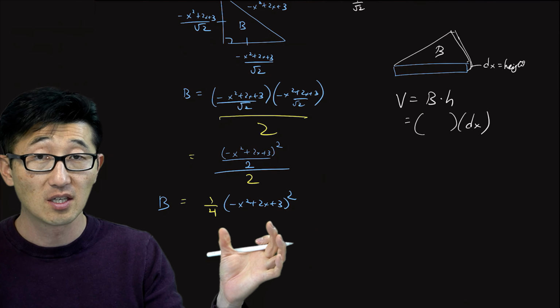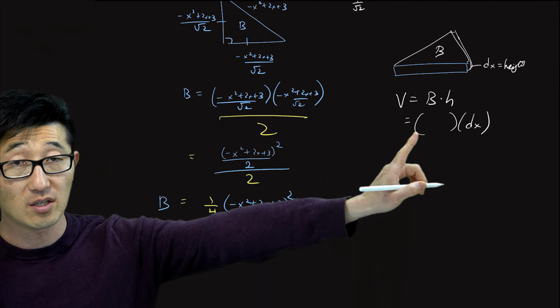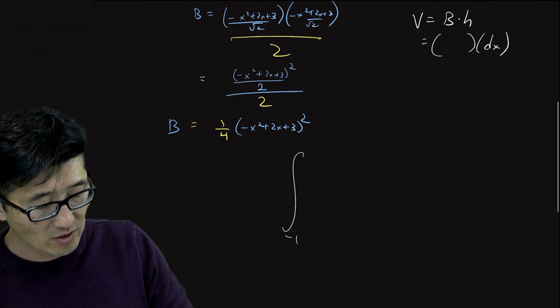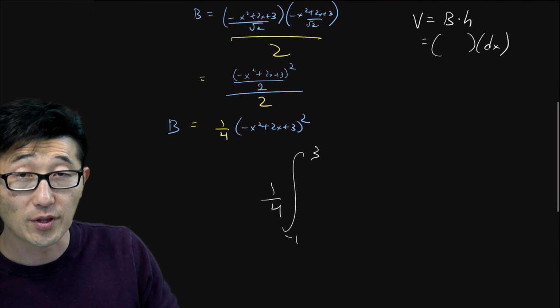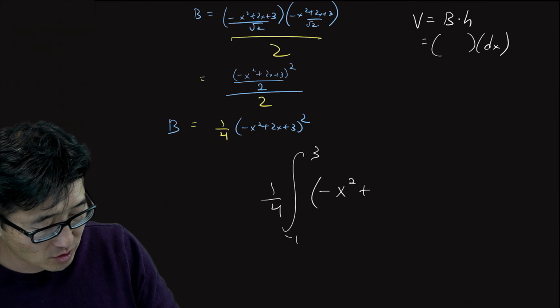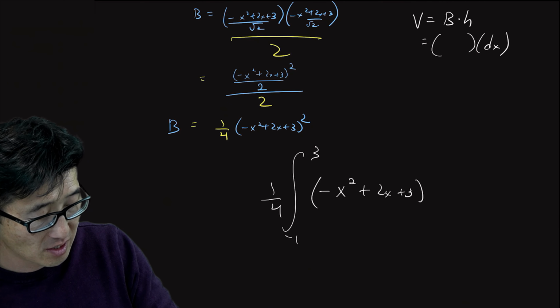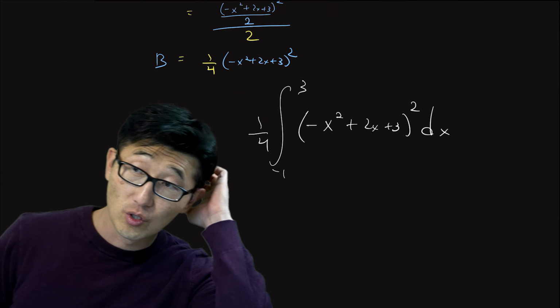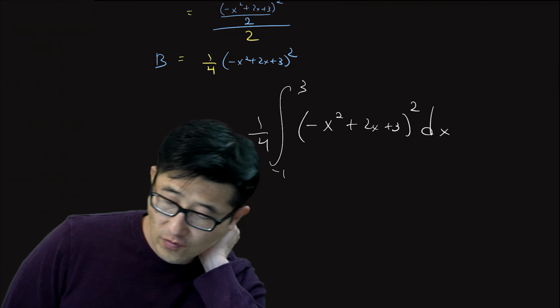So all of this goes in here, and then we put the antiderivative symbol. We bring the 1/4 outside: the antiderivative of (negative x squared plus 2x plus 3) squared dx. Let's plug this in, and we should be getting 8.533.